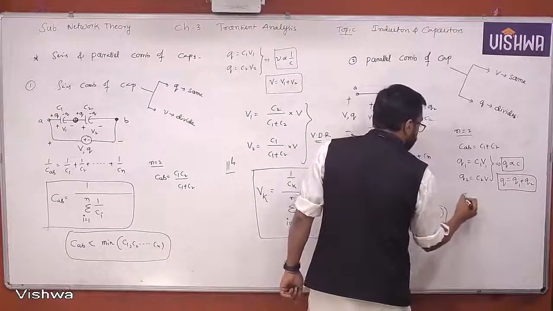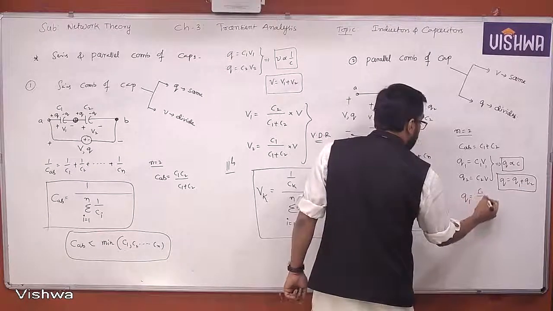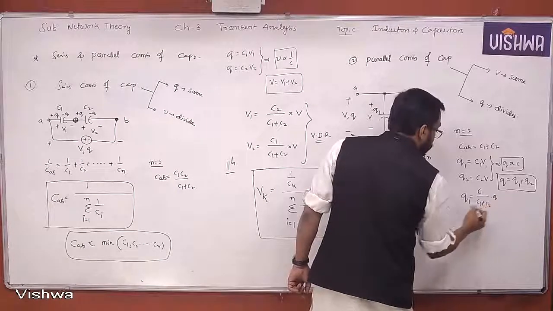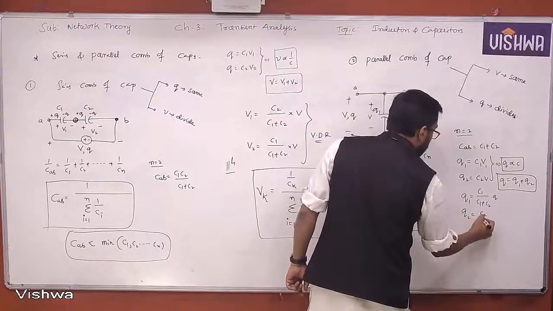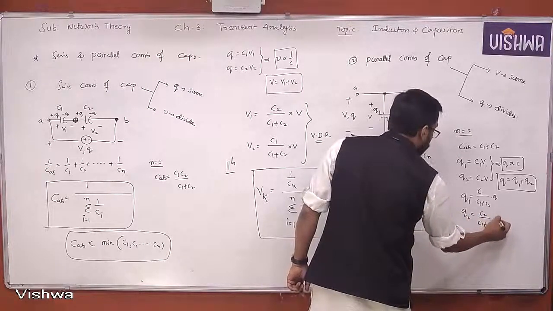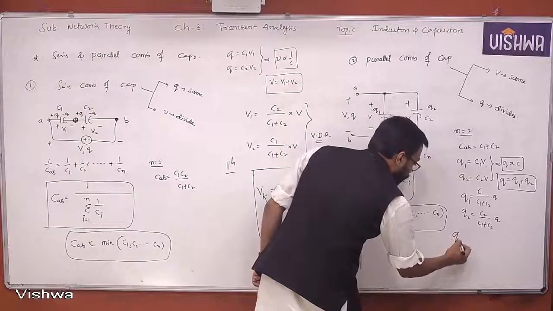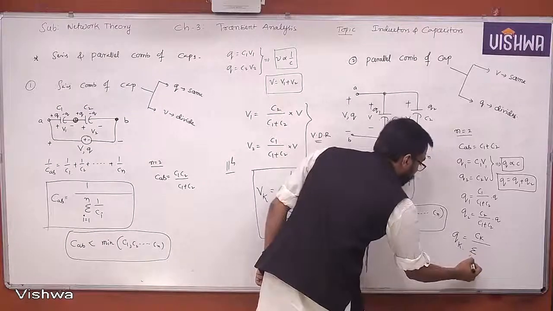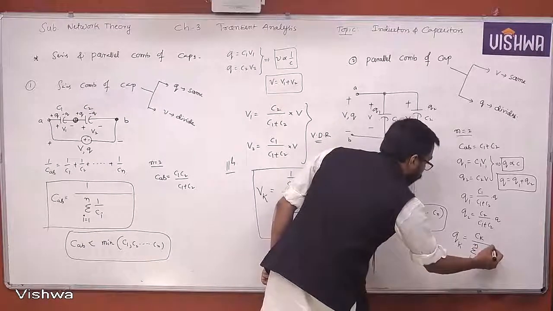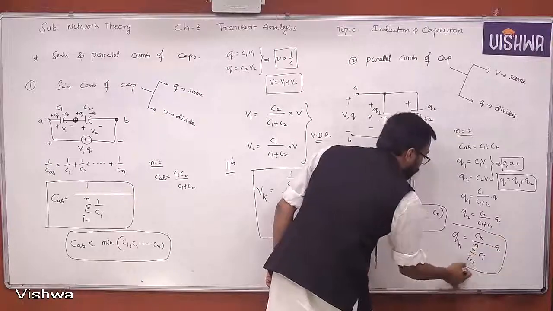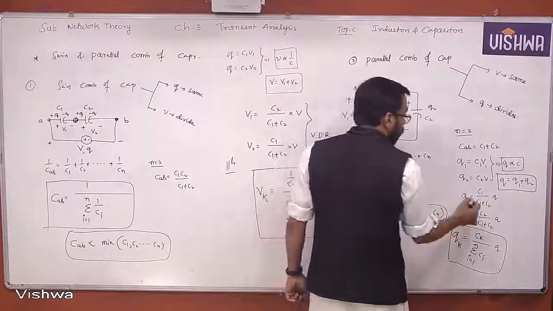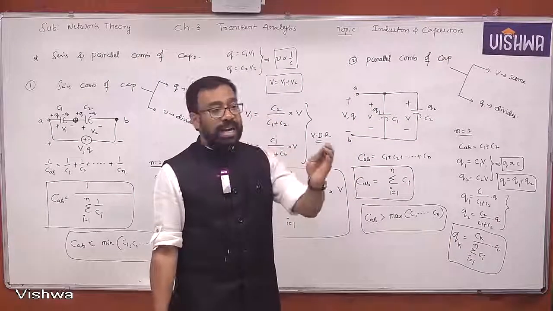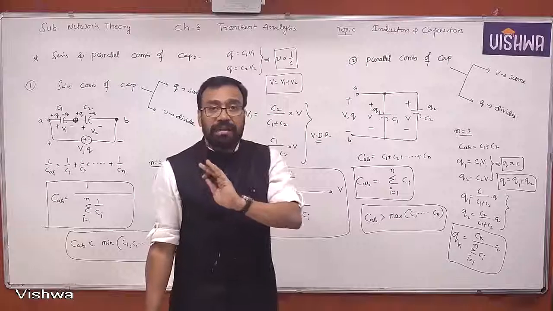Finally, based on this, Q1 can be written as C1 by C1 plus C2 into Q. And here Q2 can be written as C2 by C1 plus C2 into Q. The kth capacitor charge can be written as Ck by the summation i equals 1 to N of Ci, into Q. This is the generalized expression for the charge deposited on the kth capacitor when n capacitors are connected in parallel. Understand all of you? Okay.